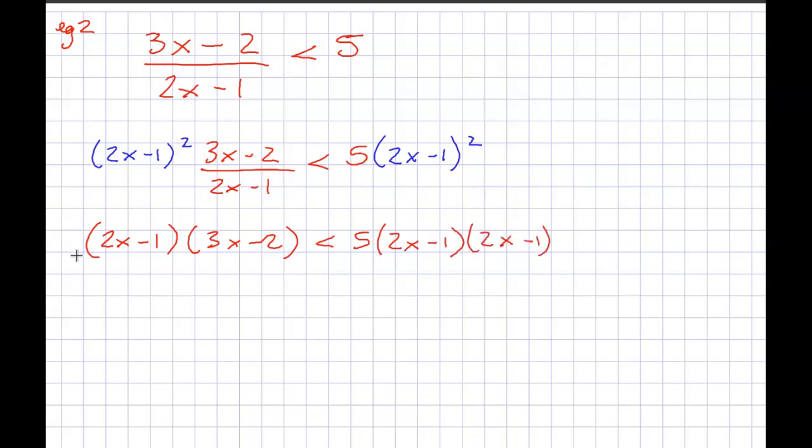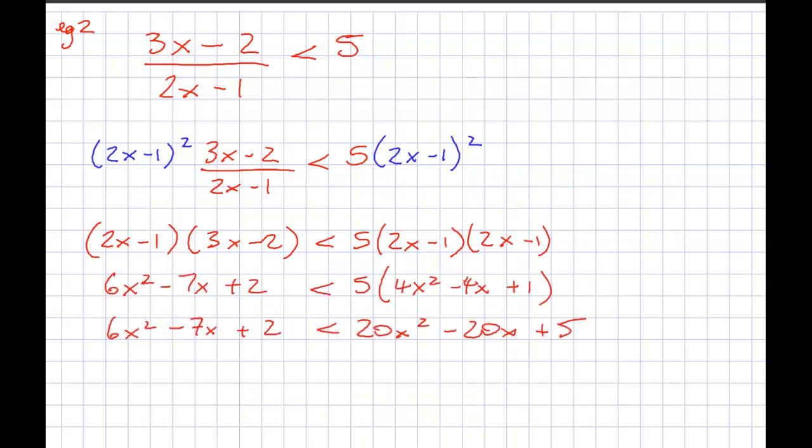And when we expand those brackets, we end up with 6x squared minus 7x plus 2 is less than 20x squared minus 20x plus 5. And if we make that all relative to 0, not equal to 0, but an inequality with 0, it's best to put everything on the right-hand side to ensure that the x squared term is positive, and we get 14x squared minus 13x plus 3.